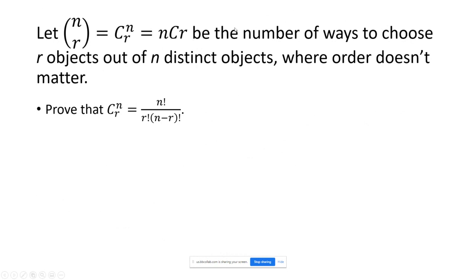This is the number of ways to choose r objects out of n distinct objects where order does not matter. So n choose r turns out to be equal to n factorial over r factorial times n minus r factorial.